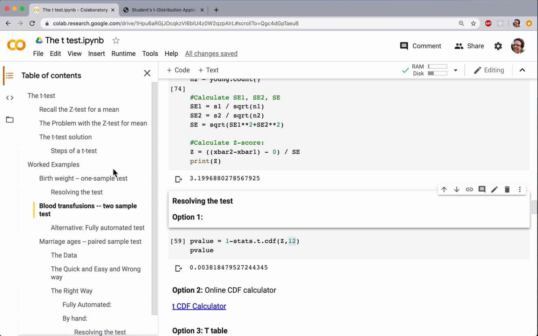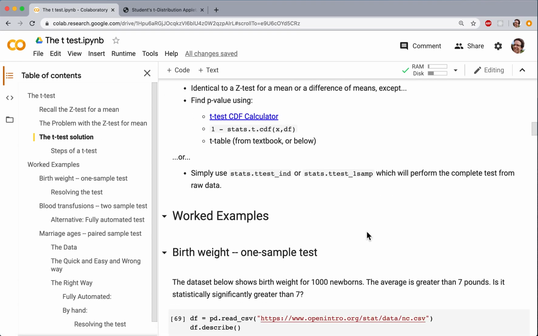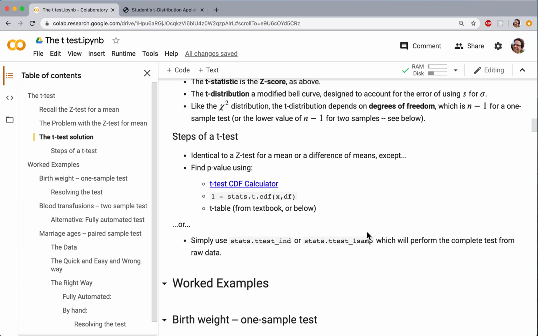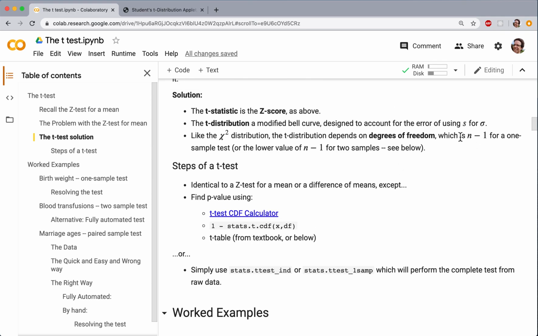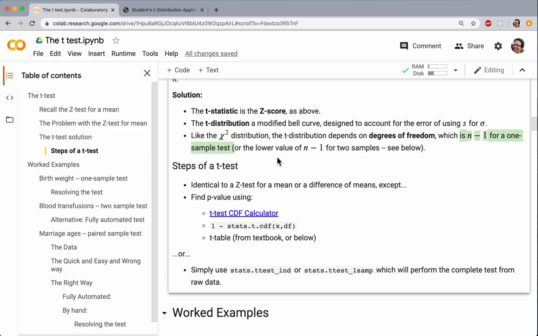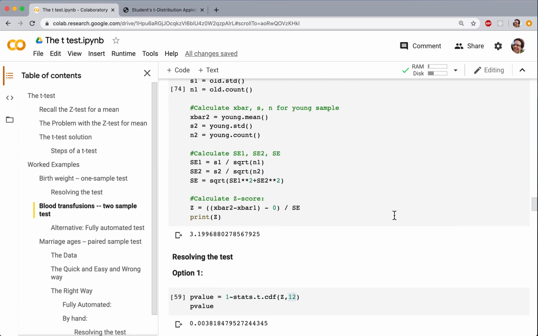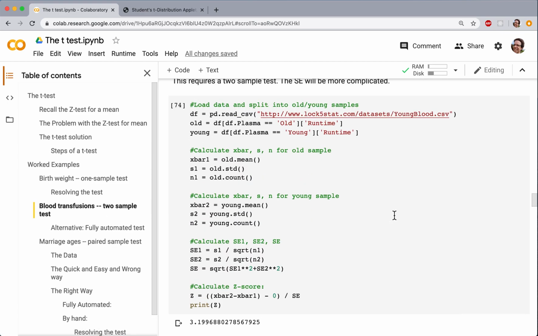If you remember, when I discussed the t-test solution specifically, I said the degrees of freedom is going to be n-1 for a one sample test. So that's why we had 999 in the previous example. But here, we don't just have n-1, right?